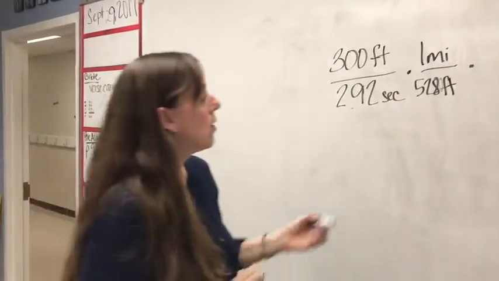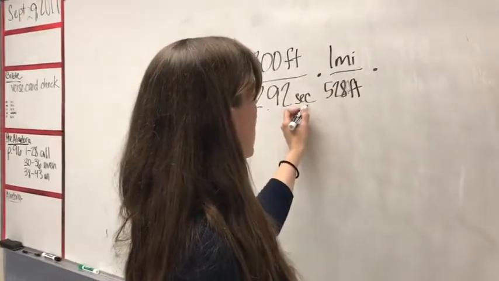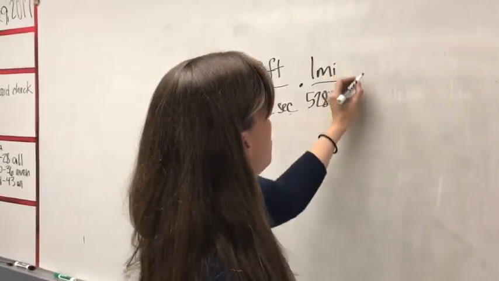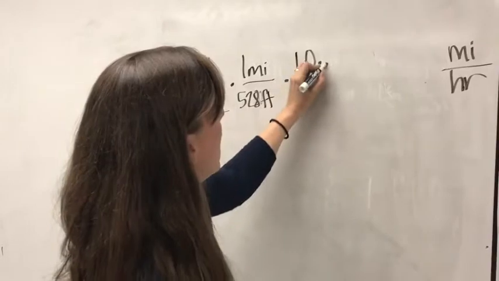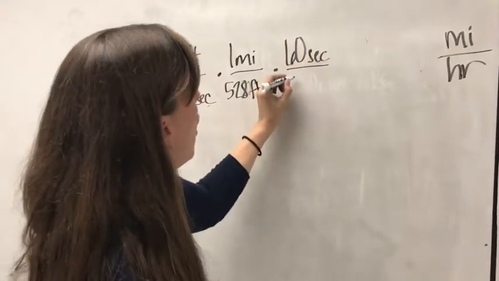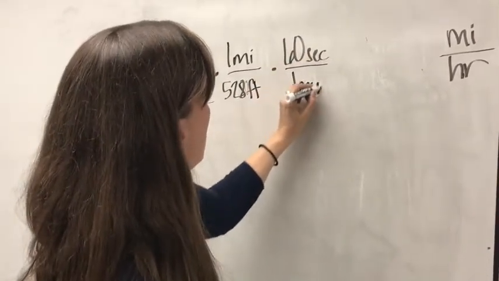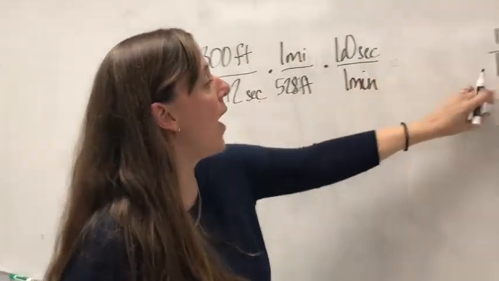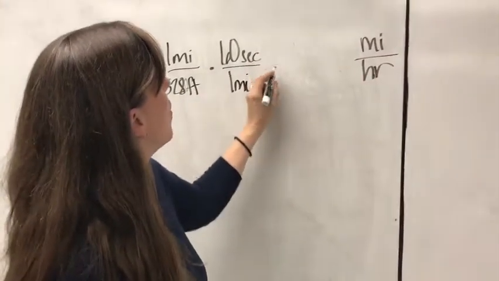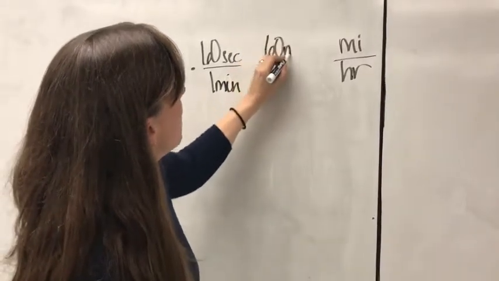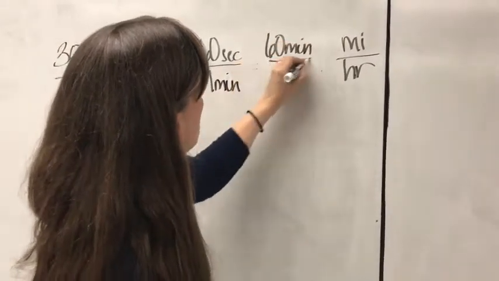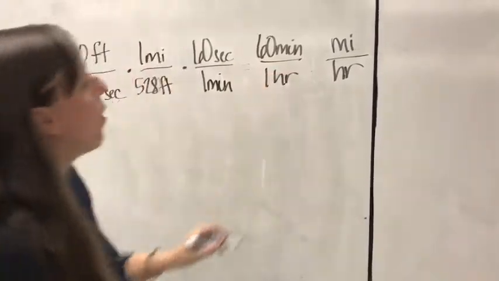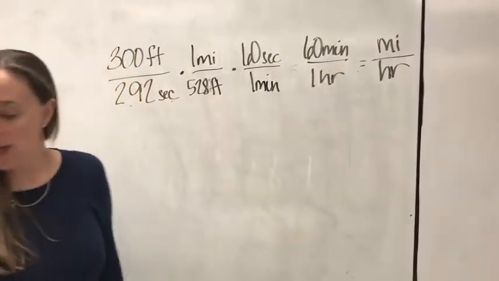And then seconds are on the bottom, so we're gonna wanna put that on top. 60 seconds per 1 minute, okay? And then we want hours, so 60 minutes per 1 hour, okay?